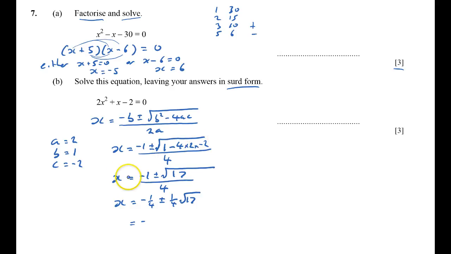But you could actually say that that's minus a quarter plus a quarter of root 17, or minus a quarter minus a quarter of root 17, and that would definitely do it. It's quite a lot of work for question 7, for those 3 marks. That's done.